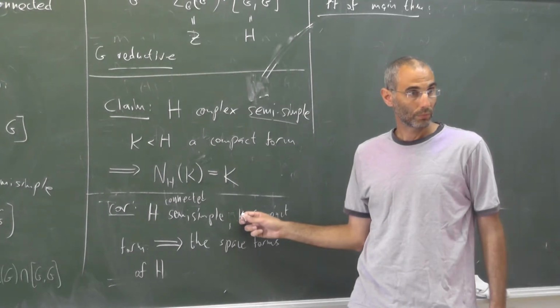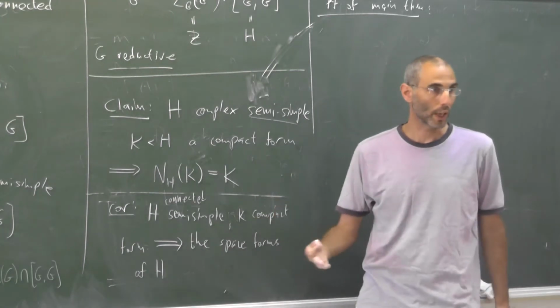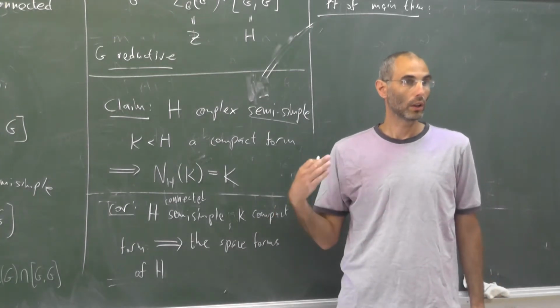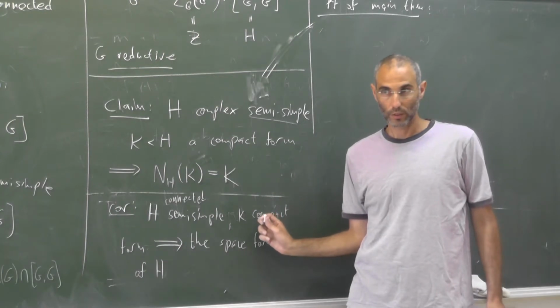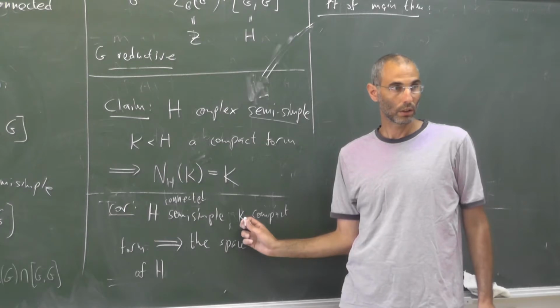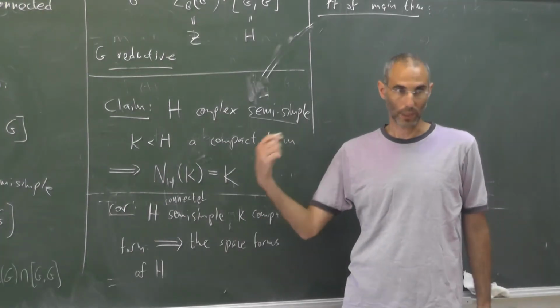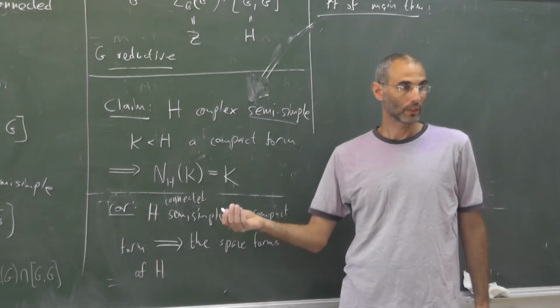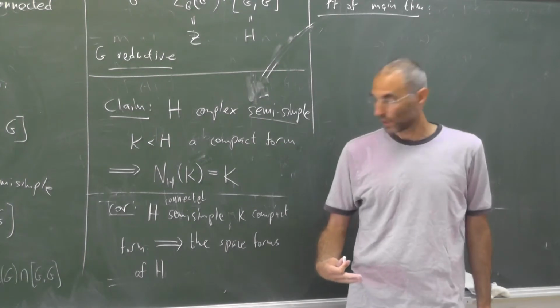So look at H acting transitively by conjugation on the space of all compact forms, maximal compact subgroups of it. What will be the centralizer of each? When H acts on some subgroups of it, the stabilizer of a given subgroup is the normalizer of that given subgroup.